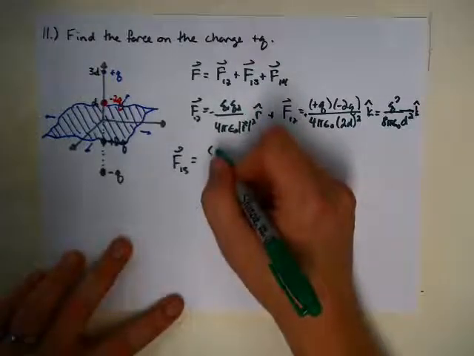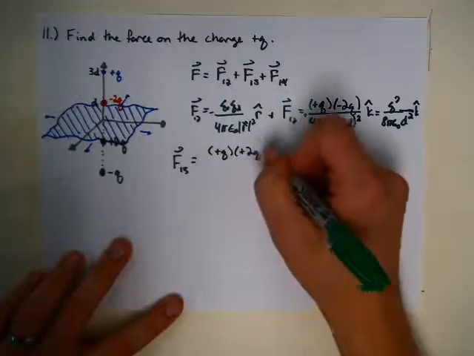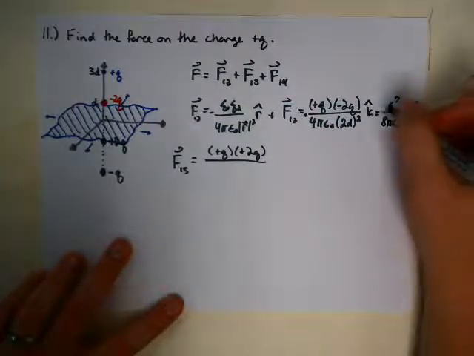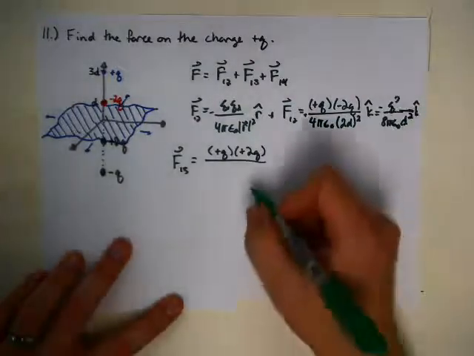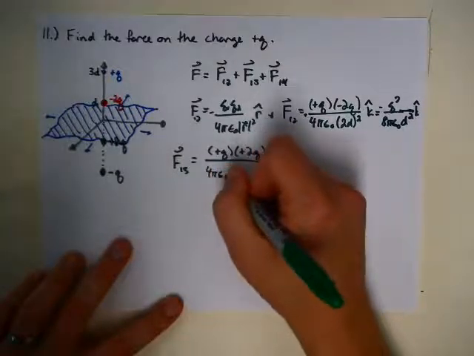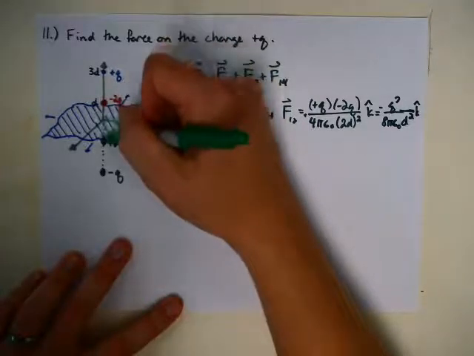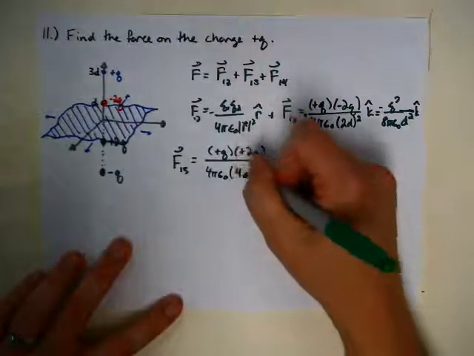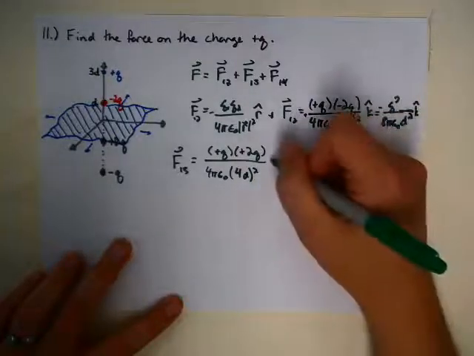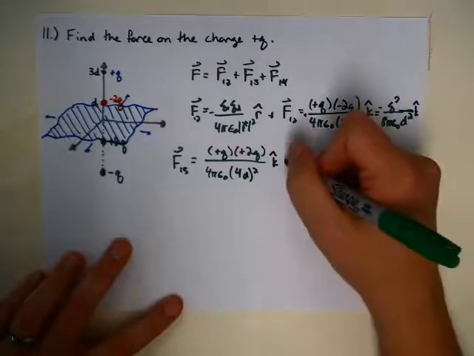For F1,3, I get plus Q times plus 2Q over 4 pi epsilon naught. The distance is 2d here and 2d there, so 4d quantity squared, and since it is plus plus, that is going to be in the positive k hat direction.